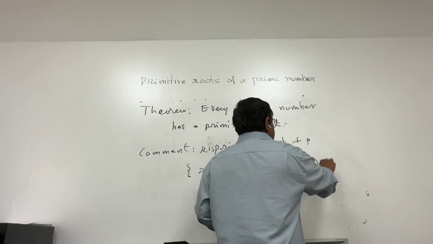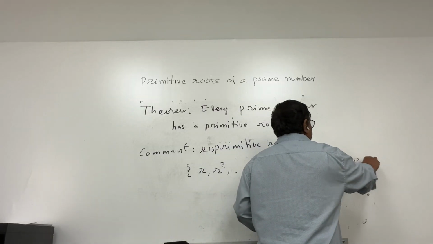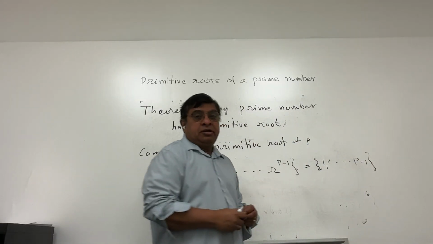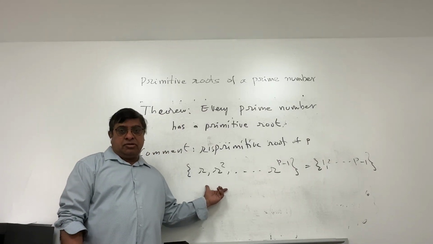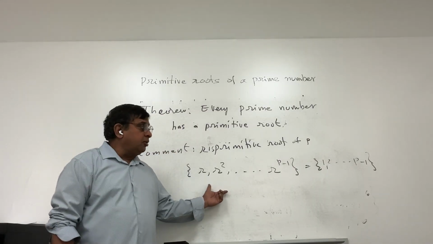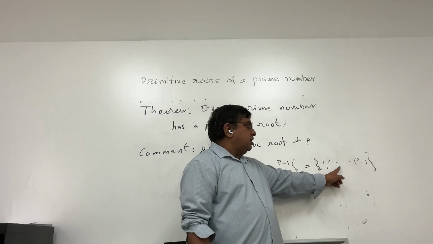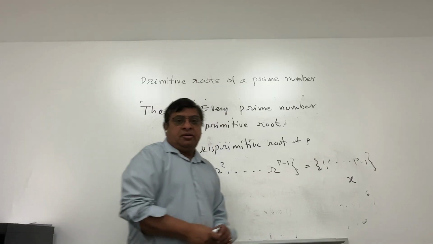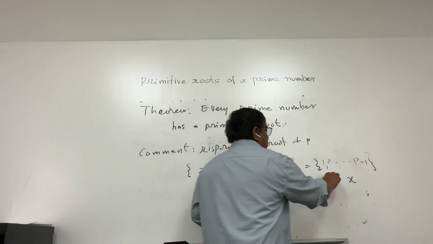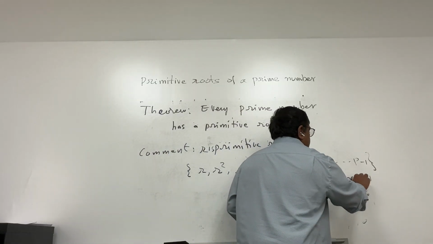This is exactly the same as 1 through p minus 1. Now, one advantage in writing this way, using a primitive root, is the following. Let's say I take a number, say x here. The x is in between 1 and p minus 1.